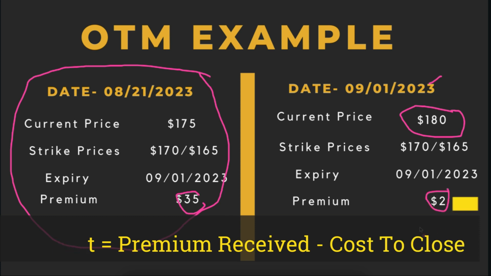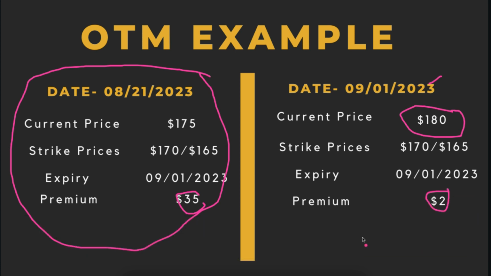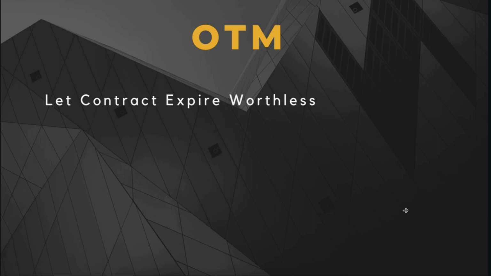So in this case you have two options, right? Either you let the contract expire worthless. In that case you collect the full $35 premium that you had received. So that is one option. However, my recommendation is that you close the position, with any spread kind of position, right? There's always a risk of early assignment in any scenario on the short leg.